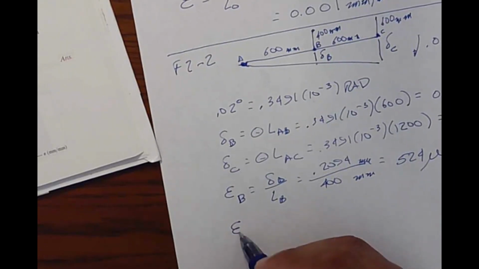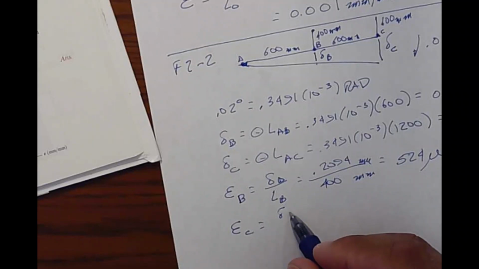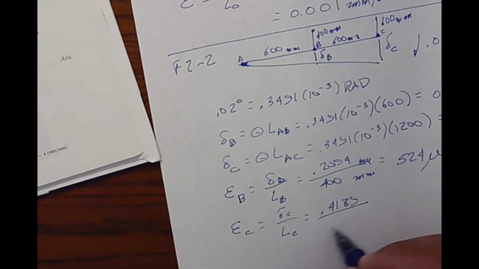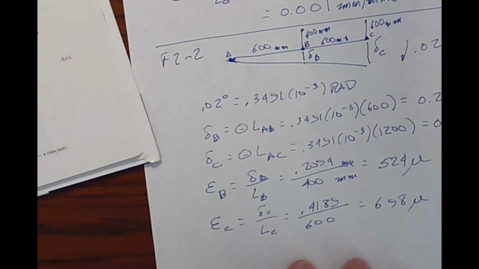And then the strain at C is, of course, delta C over length of C, and that's going to be equal to 0.4189 over 600, and that's going to be equal to 698 microstrains. Okay. Oh, did I slip up? Nope, I got it all on there.